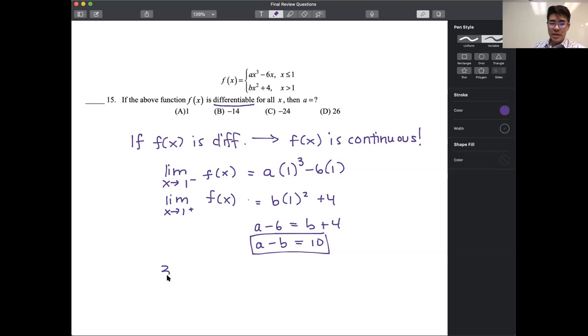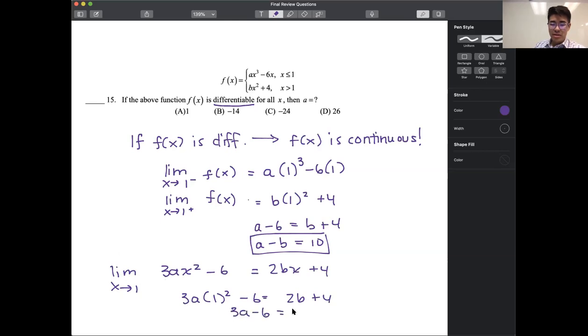So we get 3a x squared minus 6. We can set that equal to 2bx plus 4. Now we can evaluate the limit as x approaches 1 for those. So we get 3a times 1 squared minus 6 is equal to 2b plus 4. 3a minus 6 is equal to 2b plus 4.